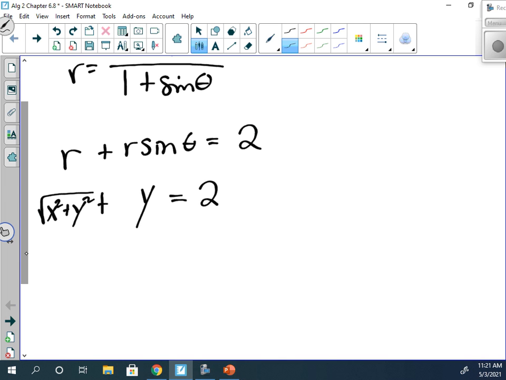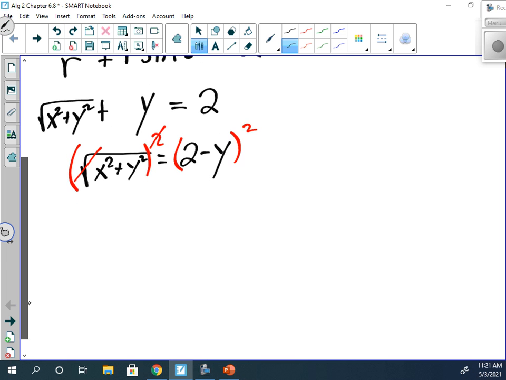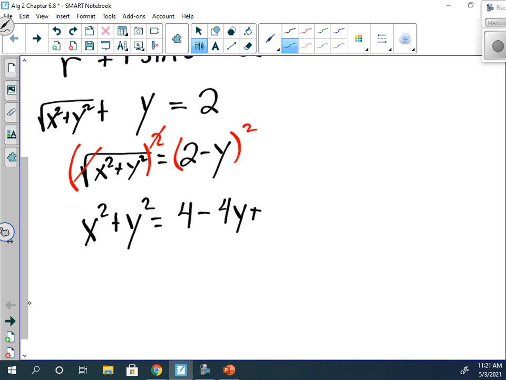Now we would subtract, because to simplify this radical, we can square both sides, or really I'm going to move the y over. Because once I square both sides, these should cancel out, which would give us x squared plus y squared equals 4 minus 4y plus y squared.